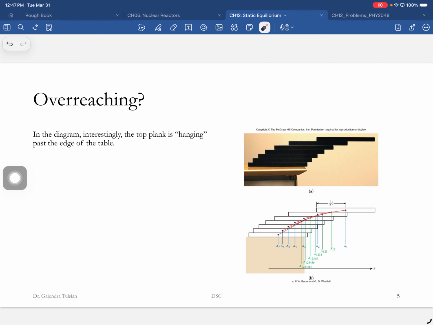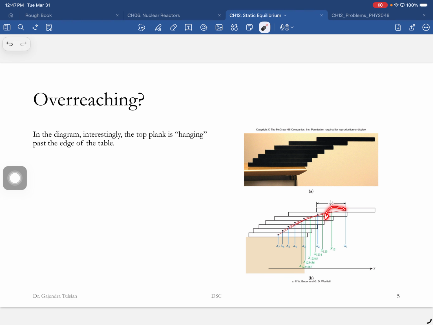All right, so when will it tip over? Past the center of gravity. When the center of gravity is past the edge, that's when it will tip over. As long as the center of gravity is not beyond the edge, it won't tip over, and that's what's happening. Here, you see the center of gravity of the top slab is there, and that is to the left of the edge. The center of gravity of these two is there, behind the edge.